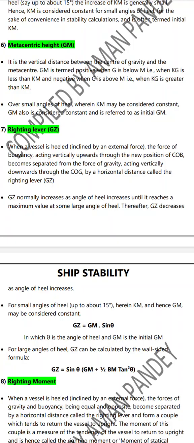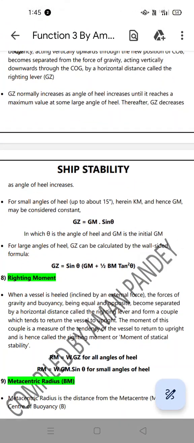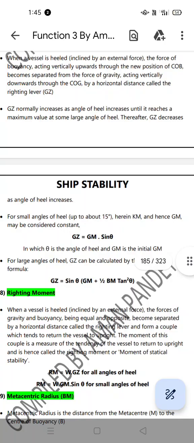So, what are the righting lever and righting moment? The righting lever is the horizontal distance between the center of gravity and the vertical line through the new center of buoyancy.